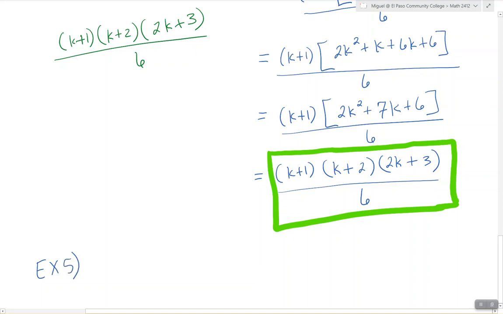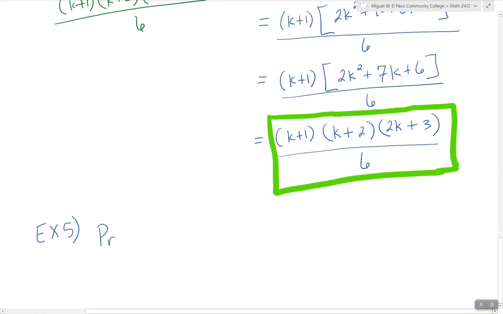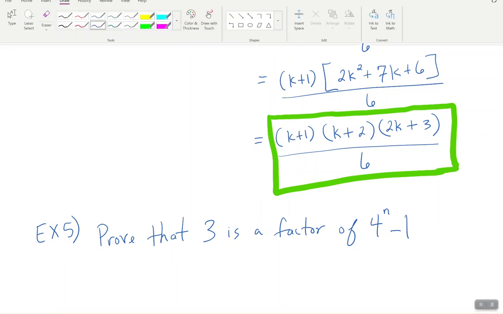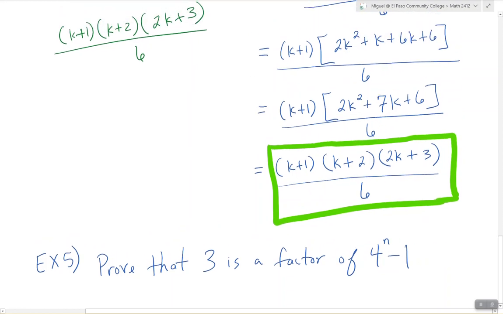We'll come back to 4. Prove that 3 is a factor of 4 to the n power minus 1.